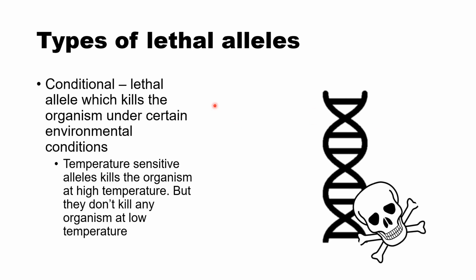Now, we also have what we call as yung conditional na lethal allele. So, these lethal alleles kill the organism under certain environmental conditions. So, hindi siya yung lethal allele na magte-take into effect kung sa early stage or sa late stage ng life ng isang organism, kundi yung effect ng lethal allele makikita lamang if na-meet yung certain conditions, yung certain environmental conditions.